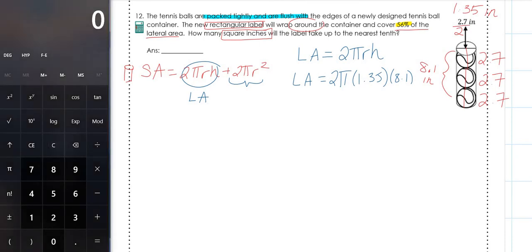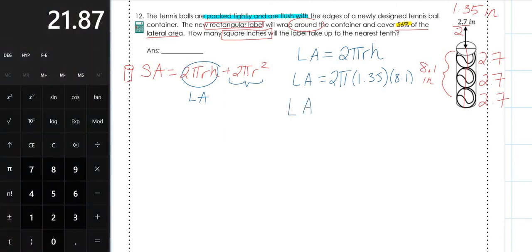So in my calculator, I'm going to do 2 times 1.35 times 8.1 equals. So 21.87 is my 3 numbers multiplied together, but don't forget the pi. 21.87 pi. Now, this is my exact value for the lateral area.